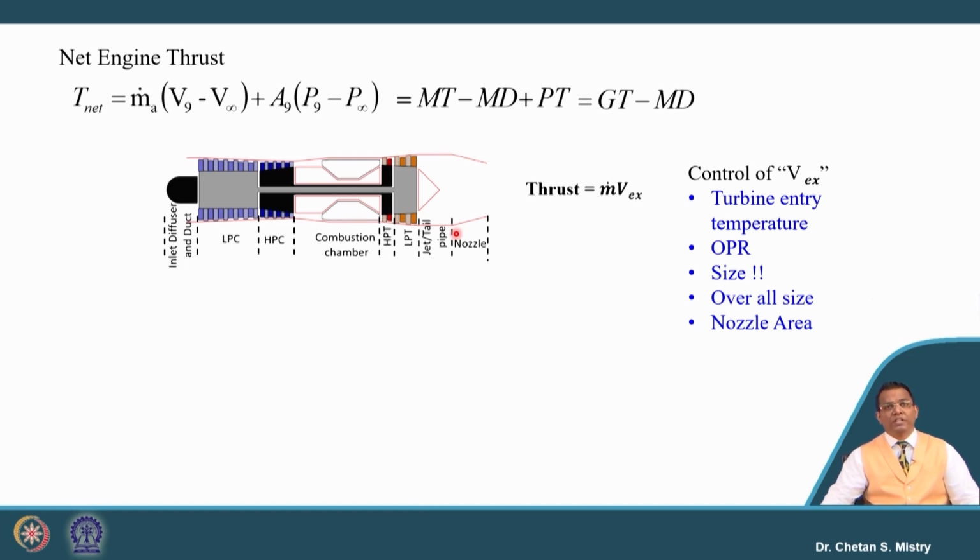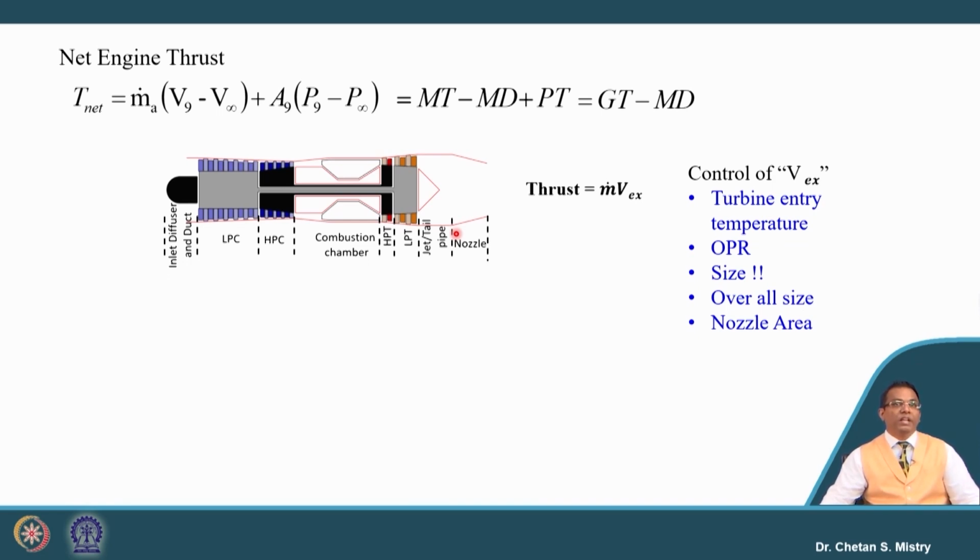So if we consider higher turbine entry temperature in combination with higher overall pressure ratio, that will increase my exhaust velocity. Under that configuration we moved to the two spool configuration, but by doing so we are increasing the number of components of the engine, and that increases the overall size and the weight of the engine.